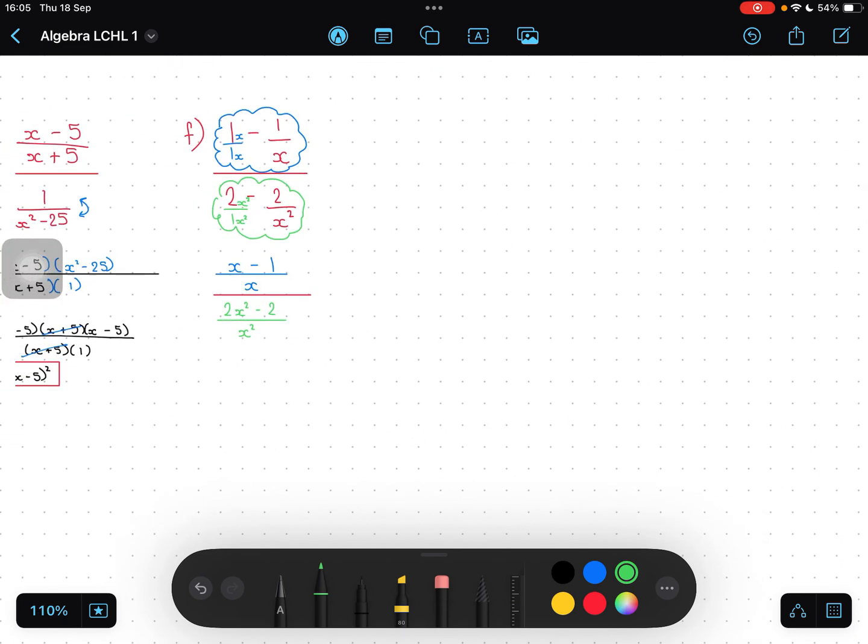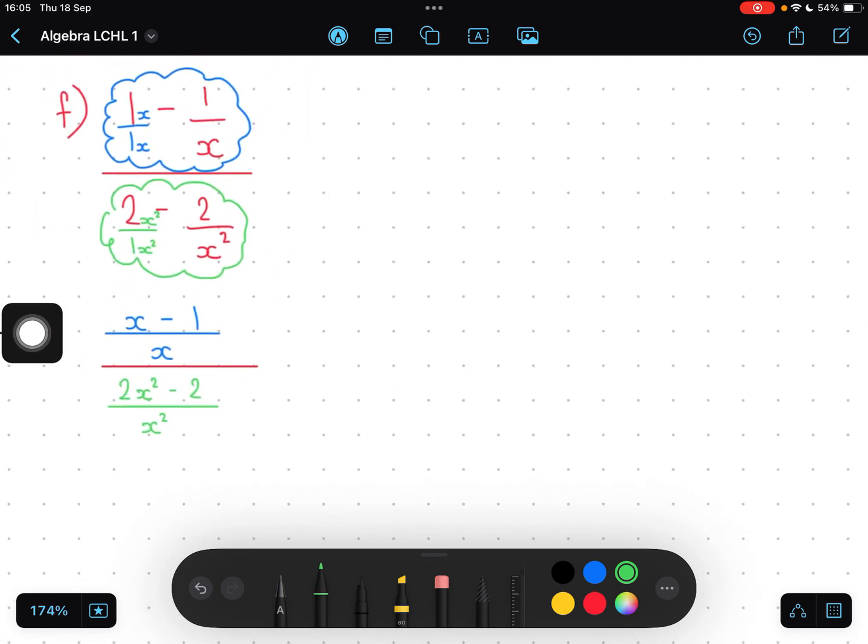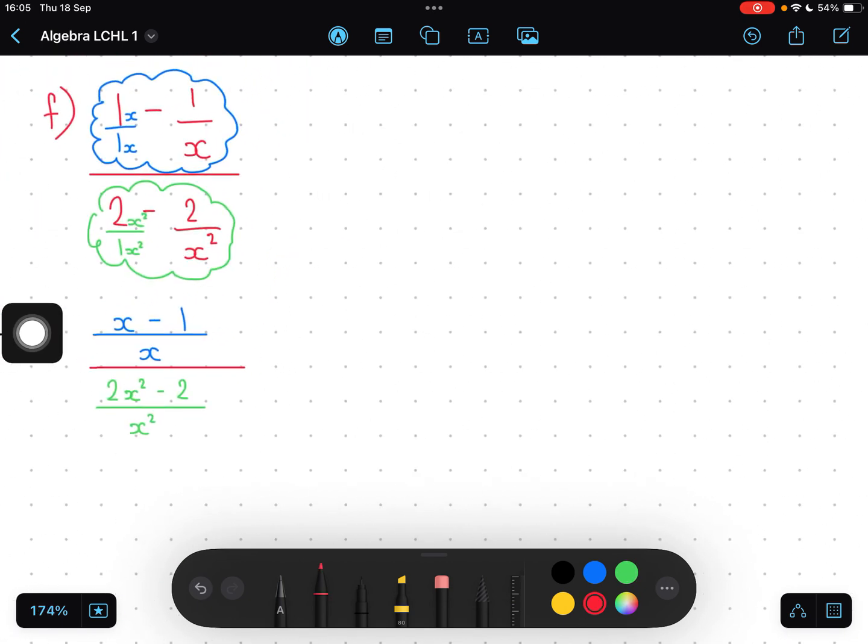Now I can go back to exactly what I was doing before. I have one fraction dividing another fraction, so I can flip it around and change it to multiplying. So that's what I'm going to do here. I'm going to rewrite that top line as its own fraction. My top line was x minus 1 over x.